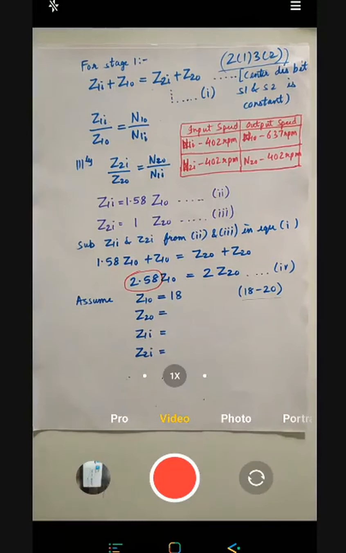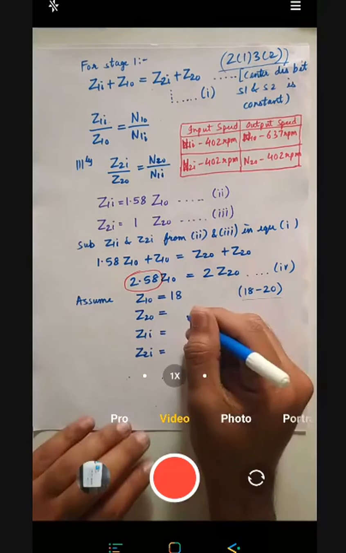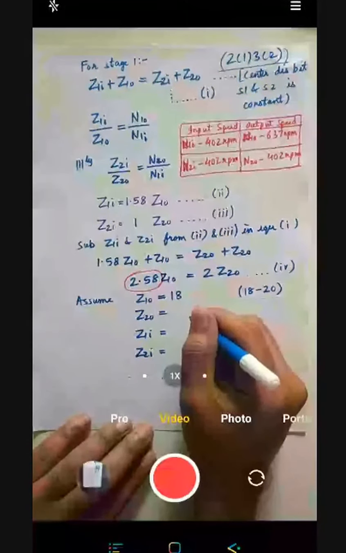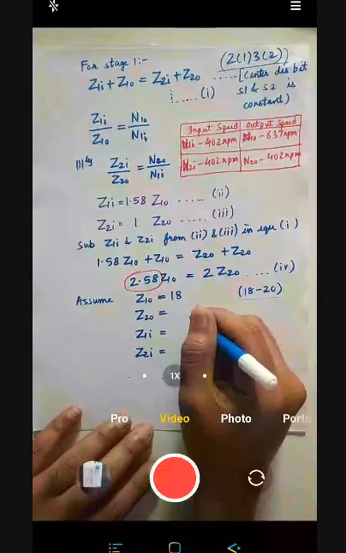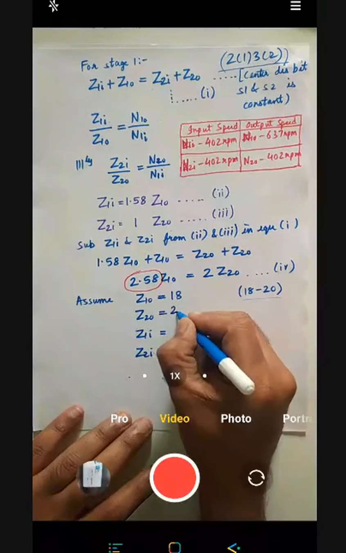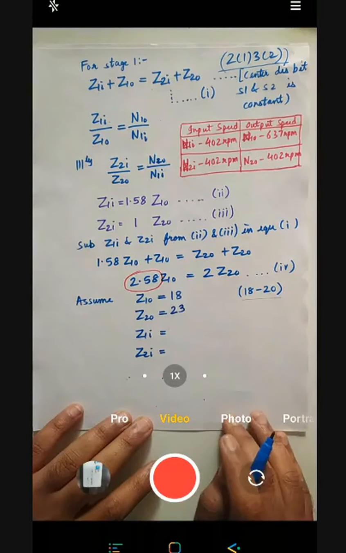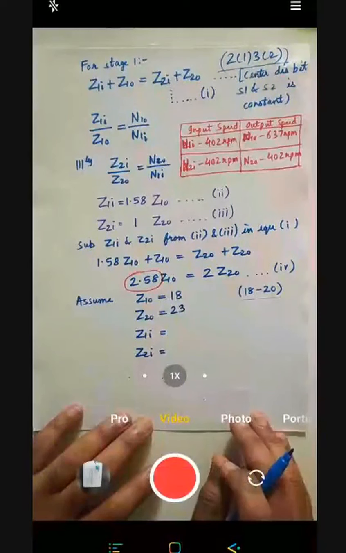So that we have to round off and keep here. 23. Okay, 23, no problem. Move on. 28.44.